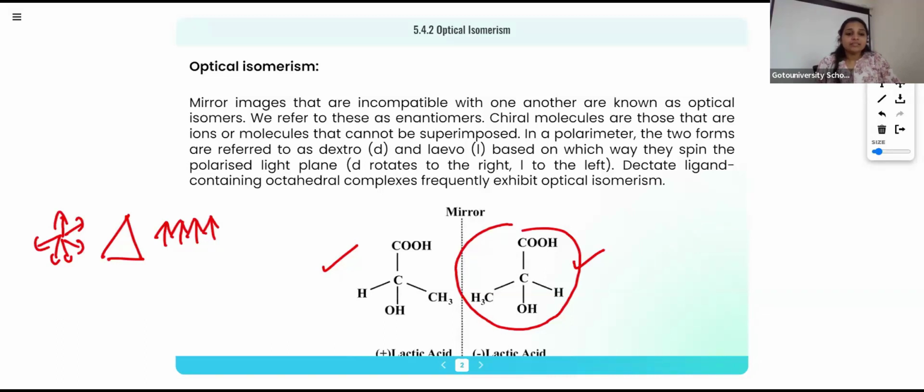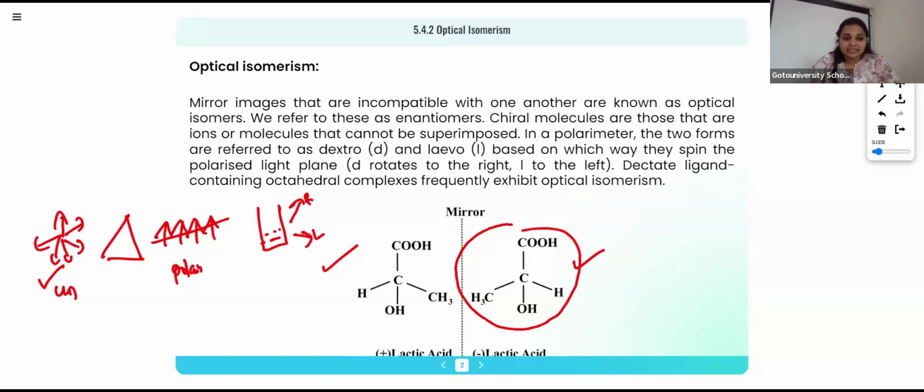Now, when this polarized light passes through some chemical compound, the plane of polarization of this light can be rotated by the compound either to the right direction or to the left direction.